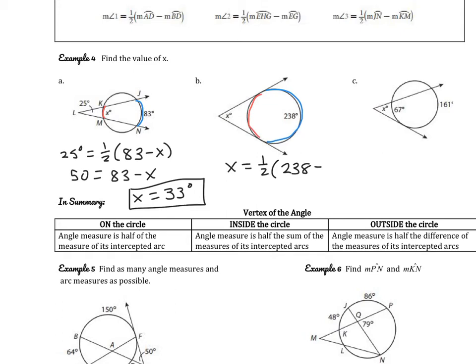So now maybe you're thinking that we don't have enough information to solve, but we know that a total circle should add up to 360 degrees. So we can find that other portion by simply doing 360 minus 238. So this other arc has a measurement of 122 degrees.